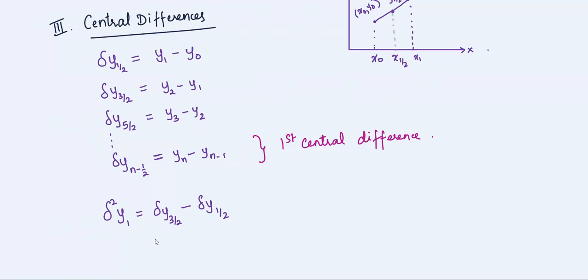The number exactly in between is 1, so plus half, minus half; like that we have to see. Now this becomes y2 minus y1 minus y1 minus y0, so we get y2 plus y0 minus 2y1. So this is the general central difference formula.